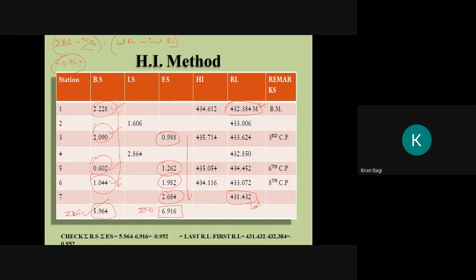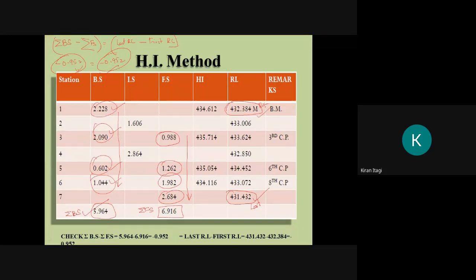Now deduct the last RL minus first RL. How much are you getting? Last RL minus first RL is minus 0.952. See, both are equal, so the calculation that you have done is correct.